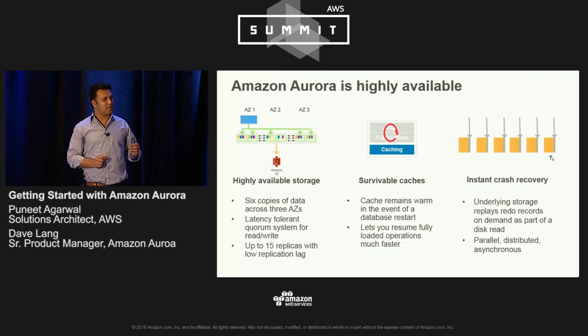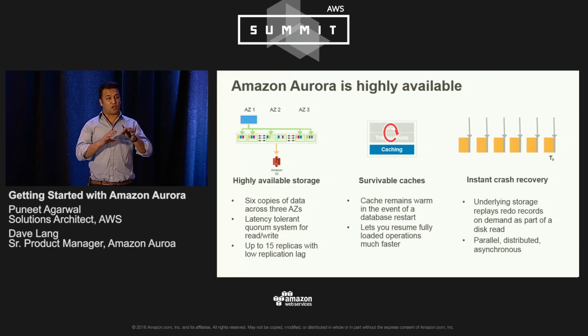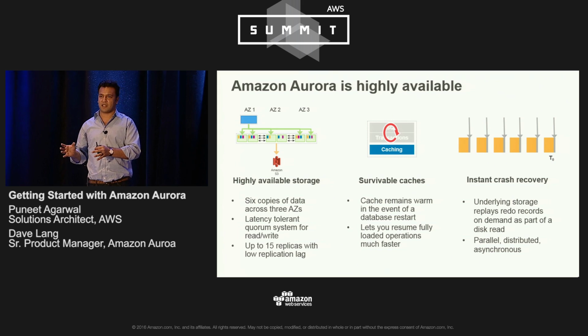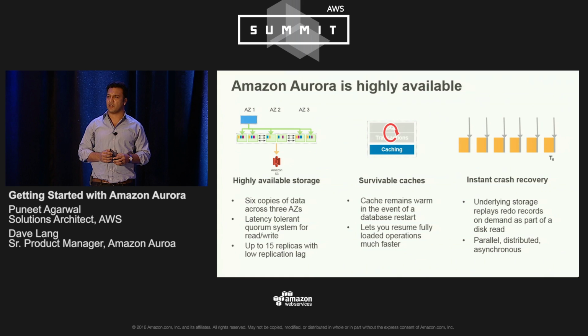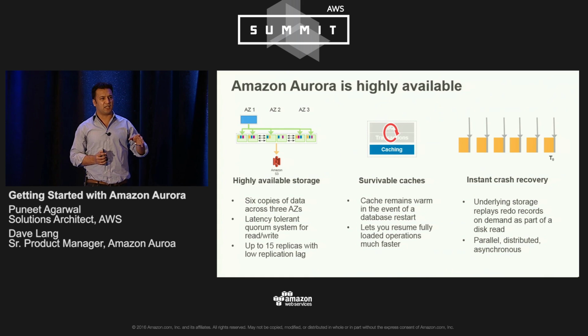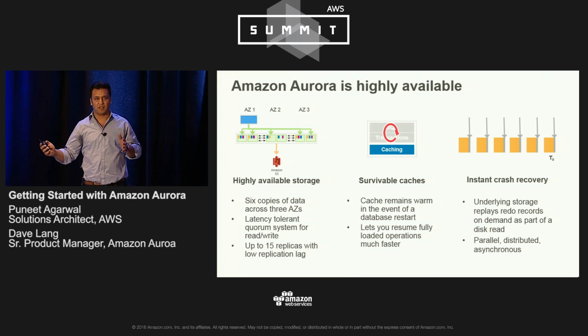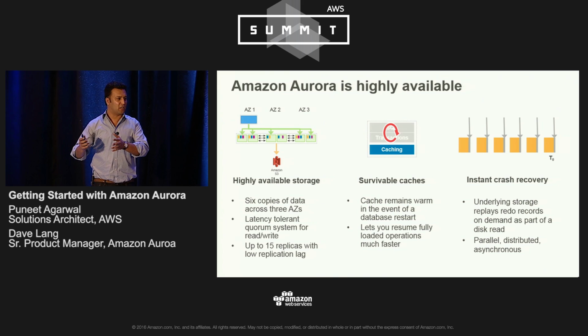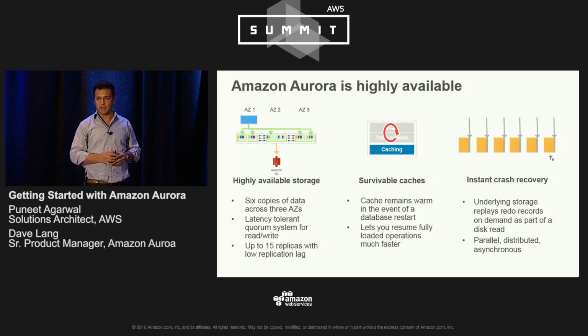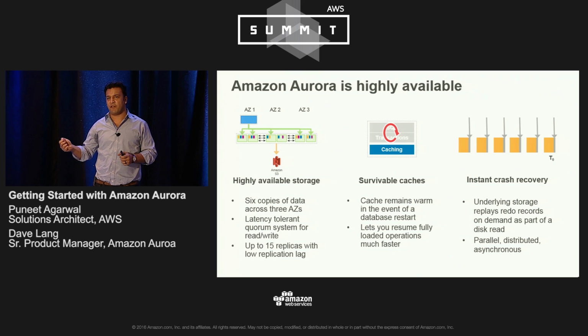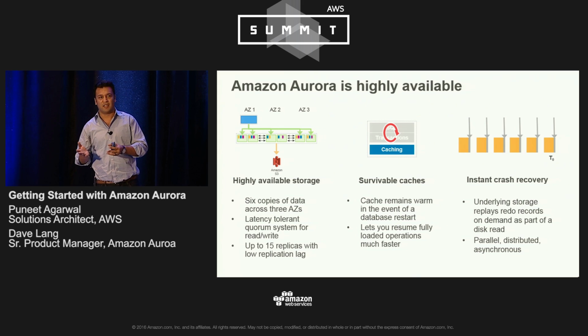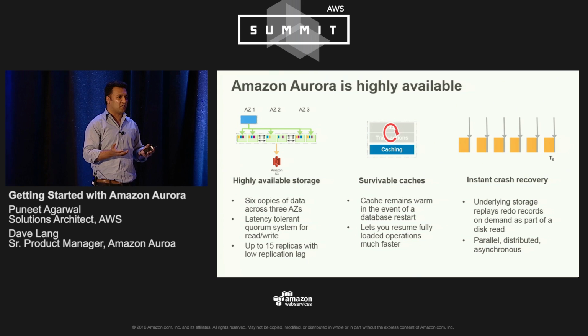When you make an insert in the database, we make 6 copies of your data across 3 physically isolated data centers that we call availability zones. So you're inserting any data, it is getting replicated 6 times automatically. You don't have to provision new hardware in another data center. You don't have to do anything. So let's say if one disk fails or one data center fails, your database doesn't see an outage. You continue to be up and running at that time.